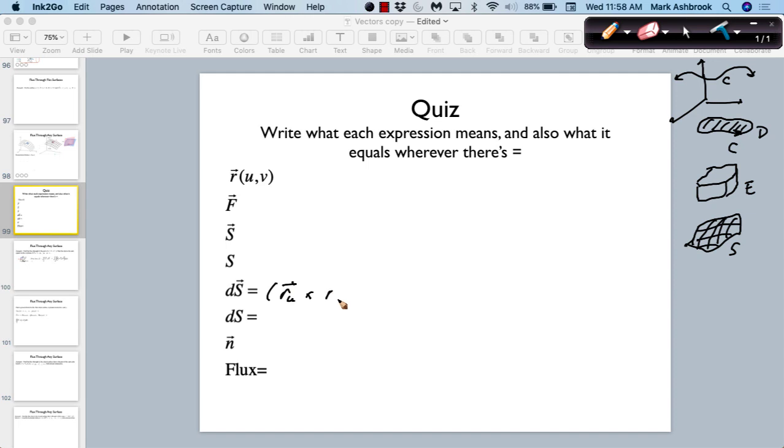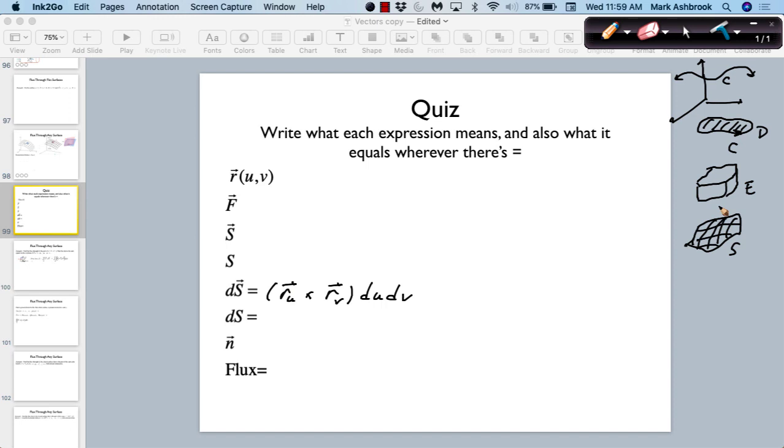times du dv. The r_u cross r_v gives us a vector; a cross product gives something orthogonal. Just think of a parallelogram. When you take the cross product of the two partials, which are parallel to the sides of the element, you get the area of the parallelogram as the magnitude, and the direction is orthogonal.